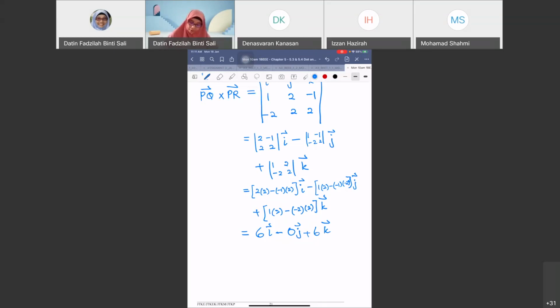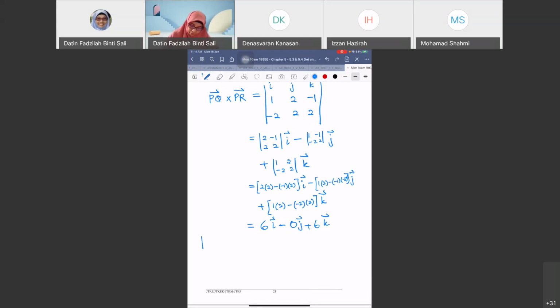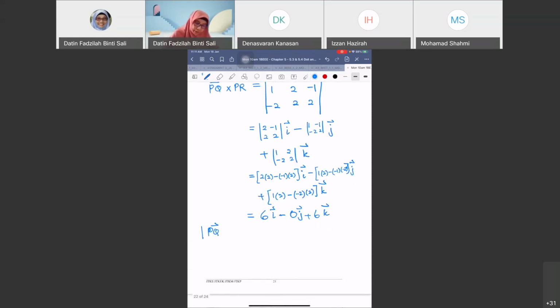But what I need now is the magnitude. Therefore, what I want is the area of triangle PQR, which is half times the magnitude of PQ cross PR, which is half times the square root of 6 squared plus 6 squared.